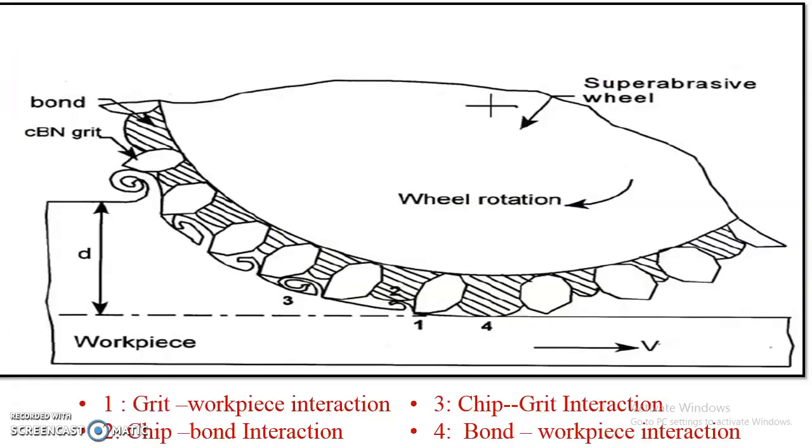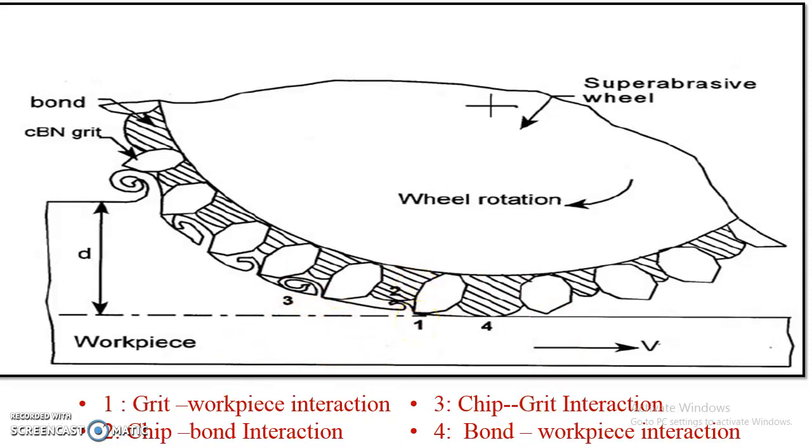What exactly happens when there is an interaction of the grinding wheel and the workpiece? You can observe a picture which shows an exploded view of the grinding wheel interacting with the workpiece. At how many points is it interacting?